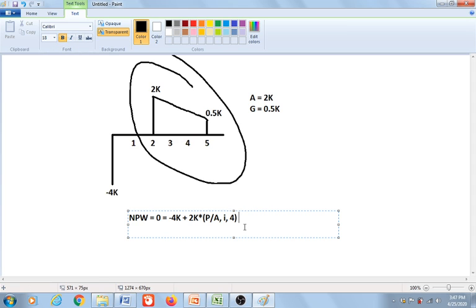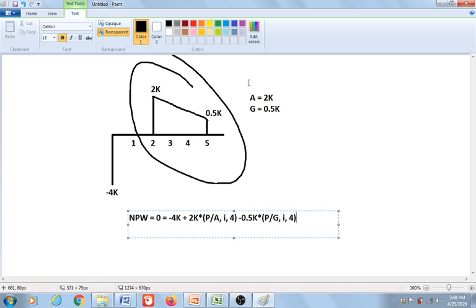The gradient is minus 0.5K, so times P over G, I, 4.